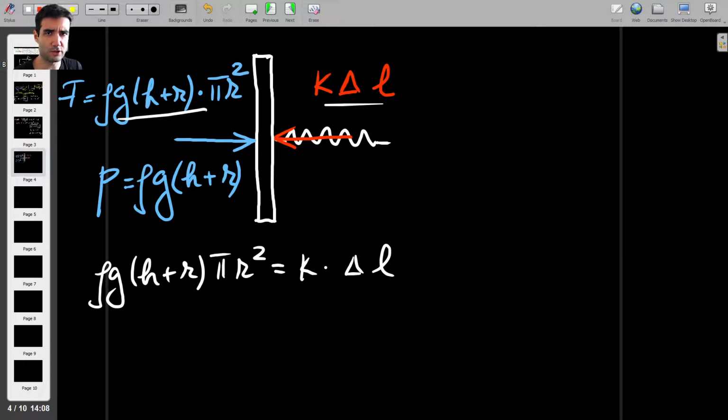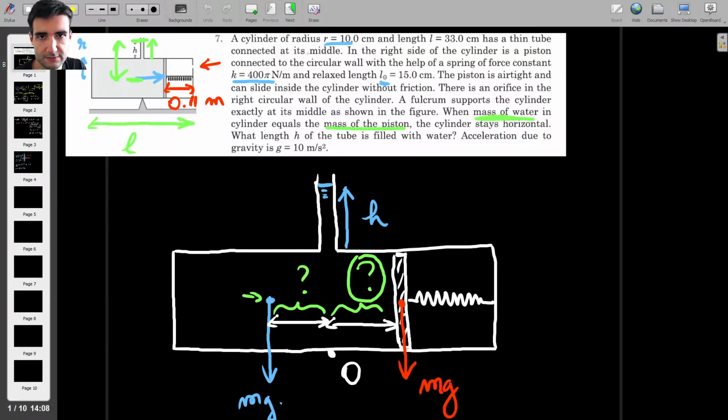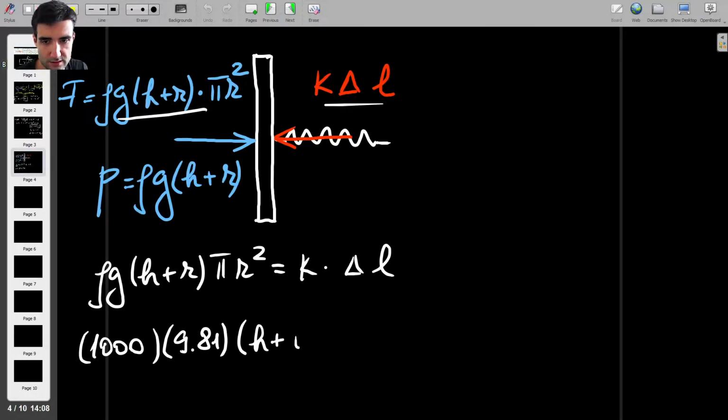So let's actually try to put the numbers in. We have 1,000 for the water density. For g, I'll use 9.81, and then we have H that we don't know. R is given as 10 centimeters, so that would be 0.1 meters. And then we have pi, and then we have 0.1 again, and then squared.